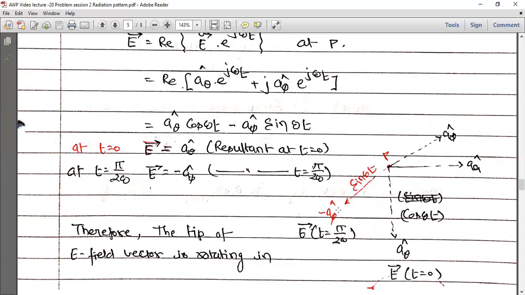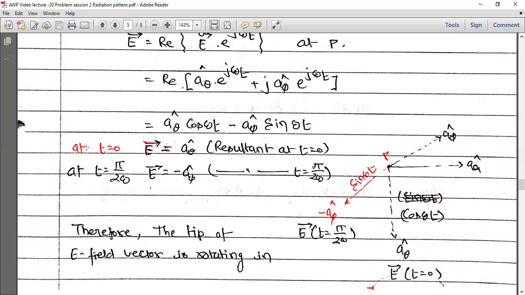Okay, so at t equals 0, when you substitute t equals 0, sine of 0 is 0, and the resultant will be just a theta cap cos 0, and cos 0 is 1. So you find that the electric field intensity at t equals 0 is a unit vector along the a theta cap direction.